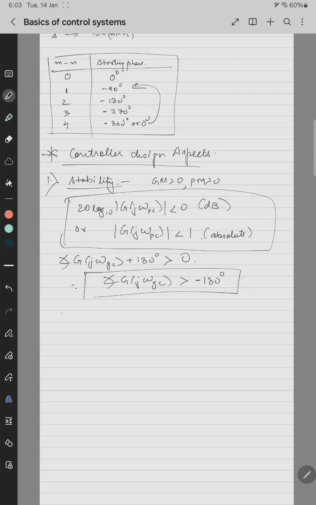And what is gain margin? Again we can write, gain margin means whatever gain is added by the controller. We'll write 20 log base 10 of mod of D of j omega pc, the maximum value of it, that is the gain margin.